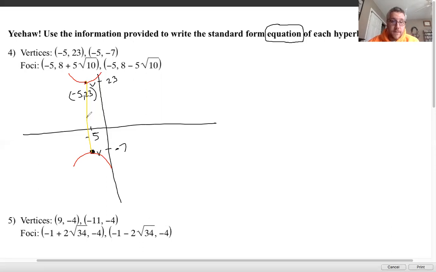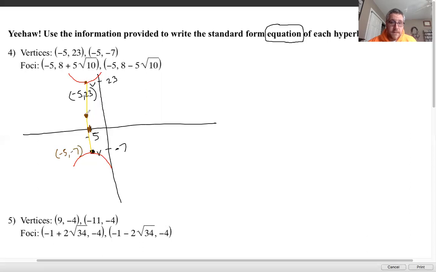So the center visually is somewhere here, but how do we find its coordinate? Well, everything here is on this -5 line. It's going through -5 on the x-axis. So, this coordinate here of this vertex was -5, 23. This one here was -5, -7.